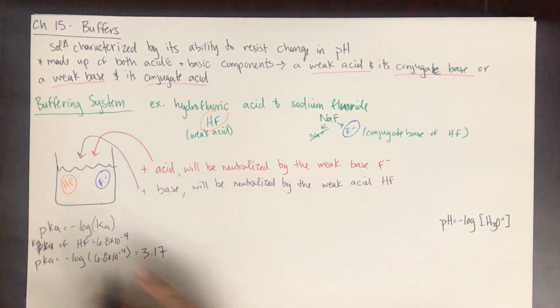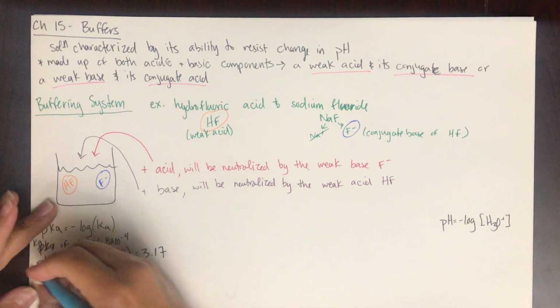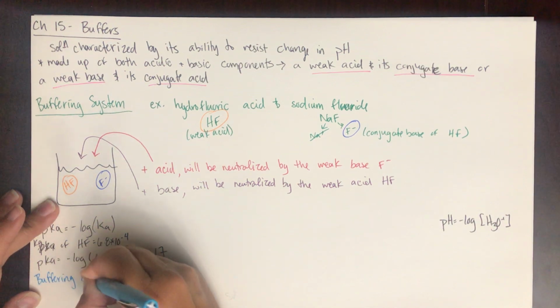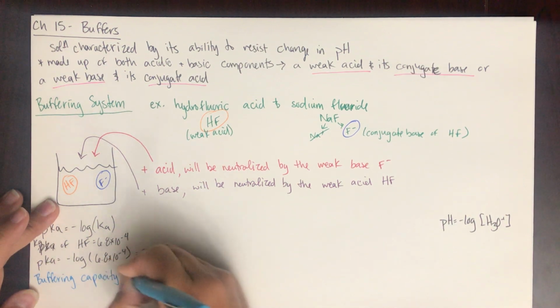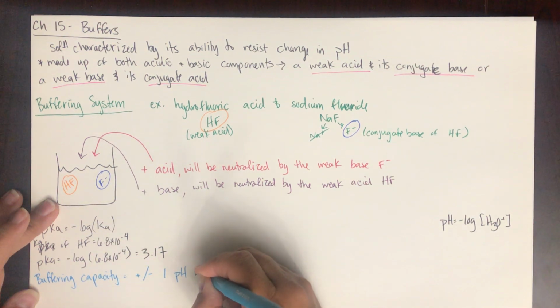So usually the buffering capacity, and this is just a rough estimate, is plus or minus 1 pH unit.